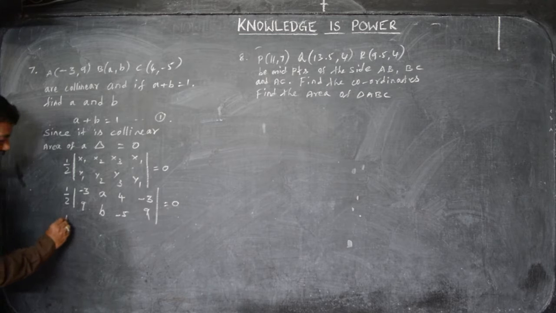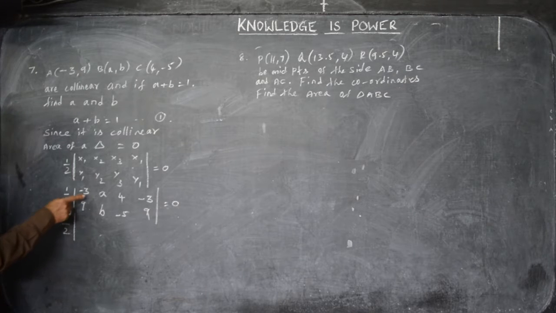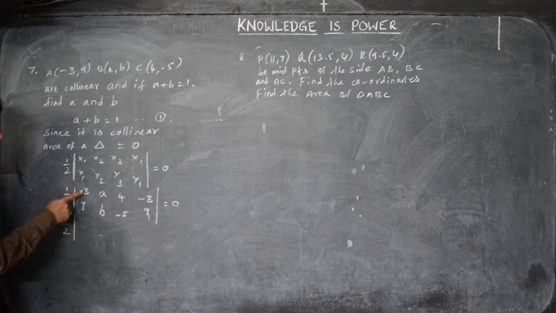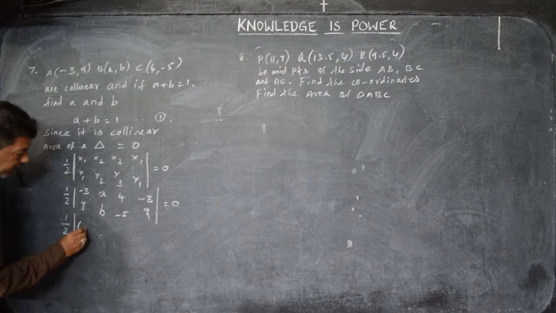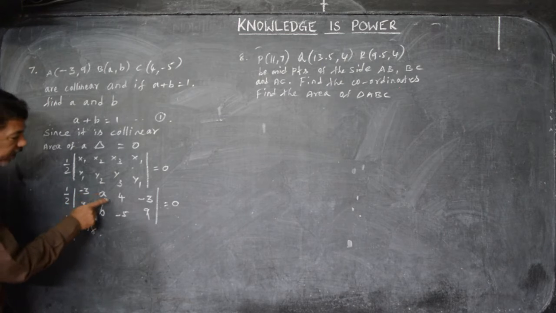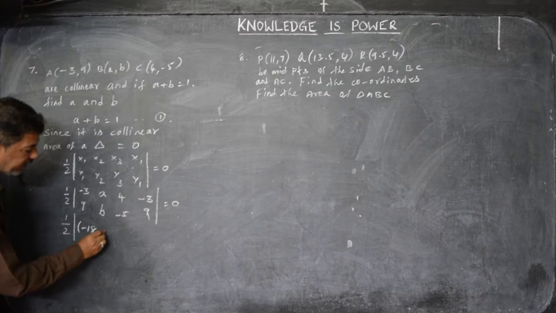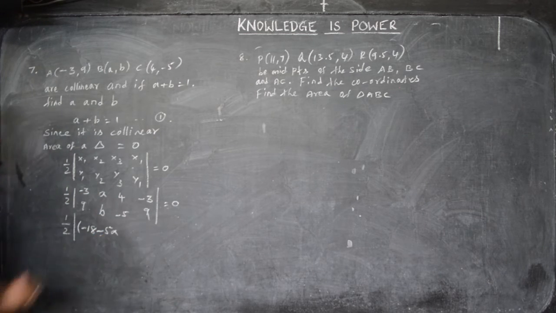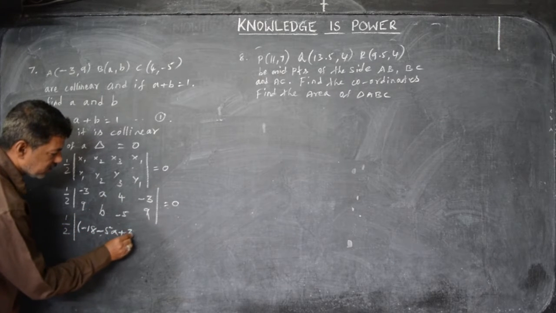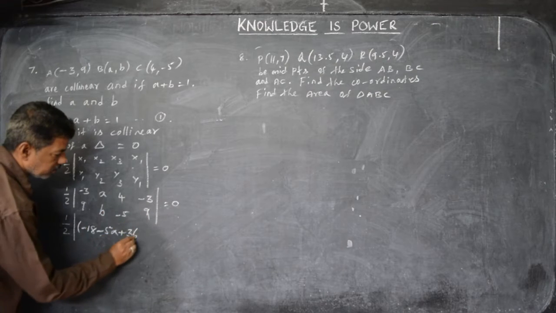After that, you proceed as usual. 3 sixes are 18, since it is minus, minus 18. A into 5, minus 5a. 4 into 9, 36. Both are plus.